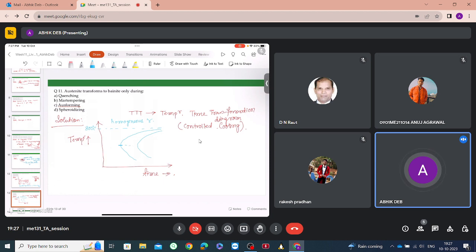Okay, we will come to it later. So this is the coarse perlite. If we reach this region, we will get coarse perlite. This is fine perlite. This is bainite, called upper bainite, which is actually coarse. And then this is lower bainite.